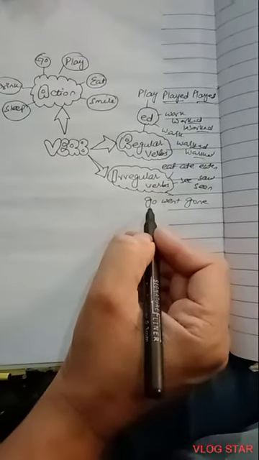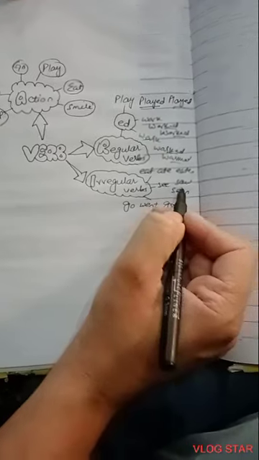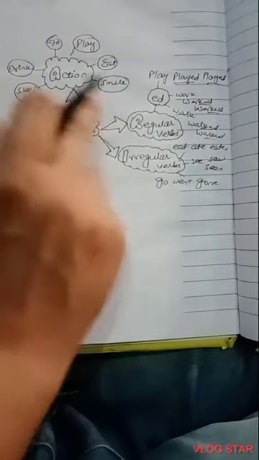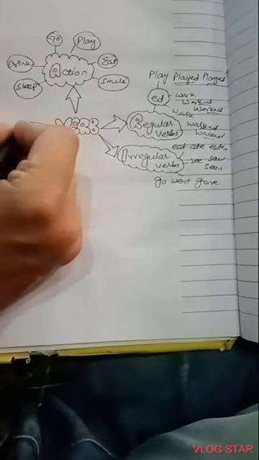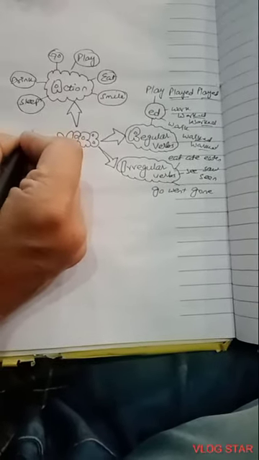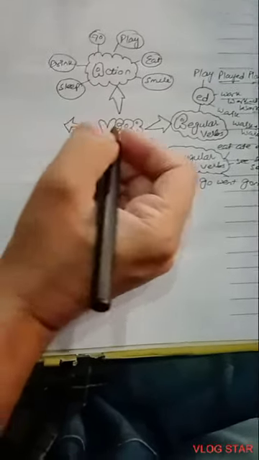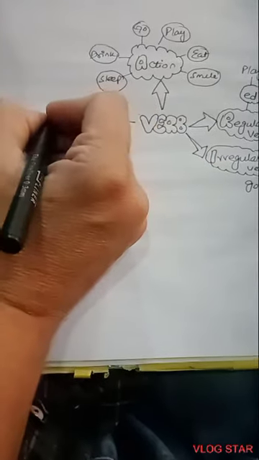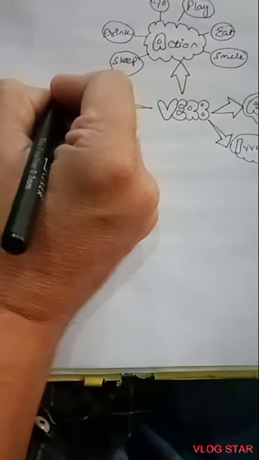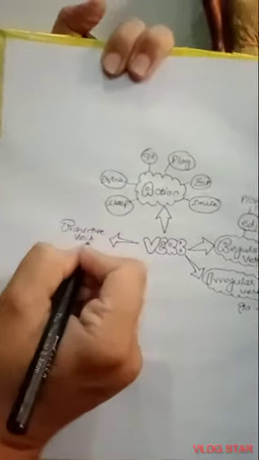So we can see go, went, gone, see, saw, seen, eat, ate, eaten. Okay, so still we are working on action verbs, regular verbs, irregular verbs. Now we are moving towards another category of verbs, that is, transitive verbs. You must have known about transitive verbs.